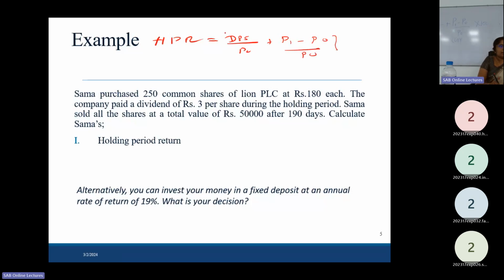You have to present this as a percentage rate of return, so multiply by 100. Here P0 is 180. How much is P1?